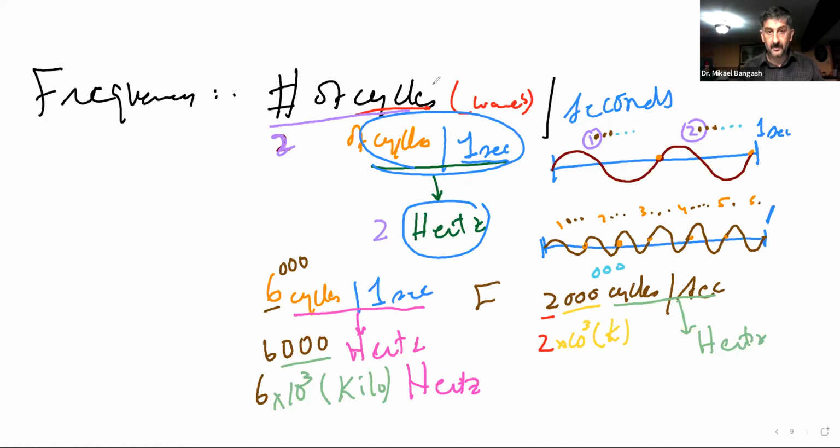That would mean the 2 is still going to be 2, but then this could be 10 raised to the power 6, or mega. And cycles per second is still the same.